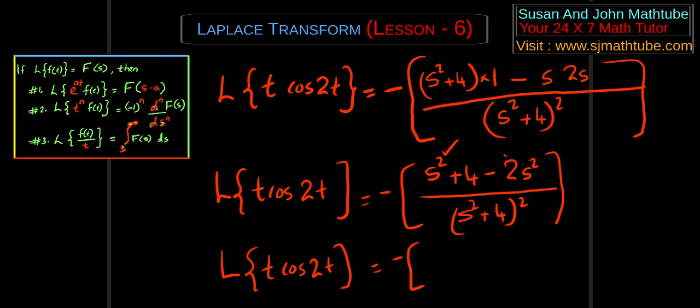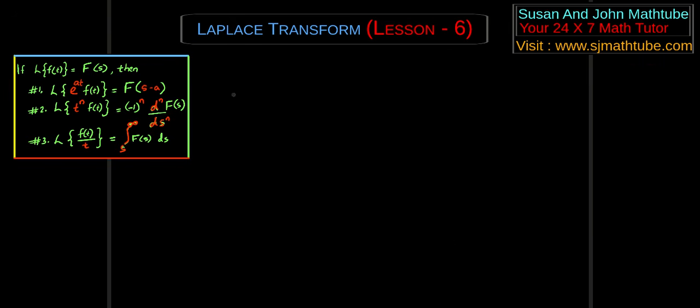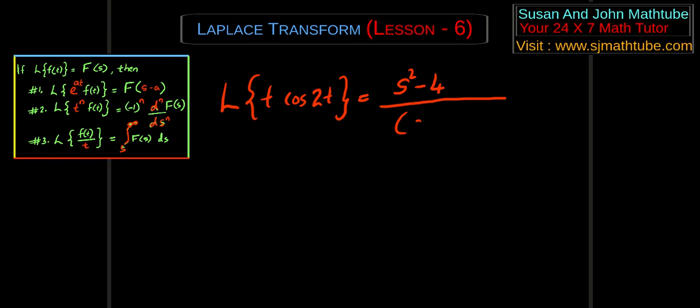We can combine these two and you will get minus s square plus 4 by s square plus 4 the whole square. And this minus goes inside and we distribute it. So now the Laplace transform of t into cos 2t will be s square minus 4 the whole divided by s square plus 4 the whole square.